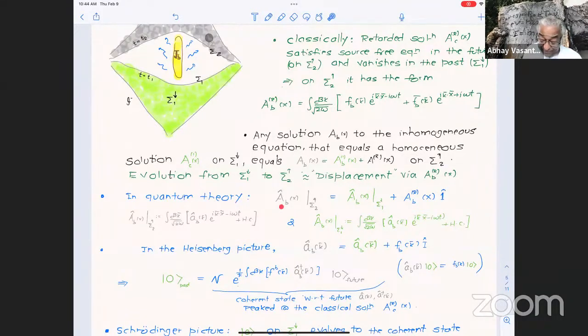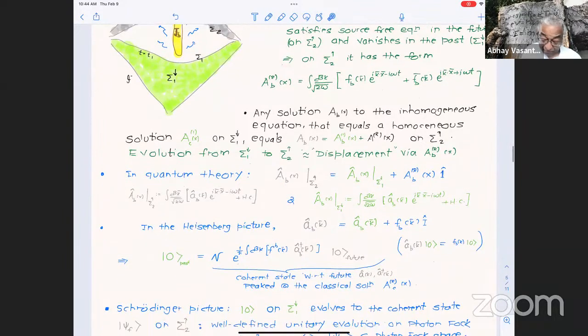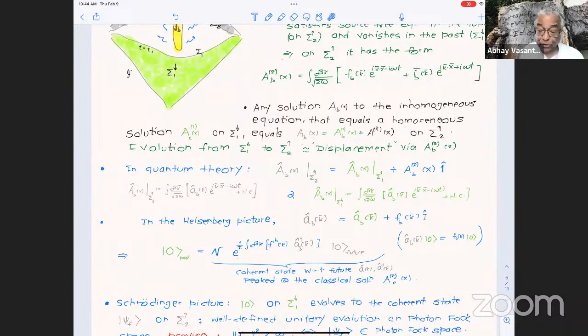And now, these two objects are just as we saw before for homogeneous solution to Maxwell's equation. We can just do creation and annihilation operators. But these creation and annihilation operators, the gray ones, are different from the green ones up here.